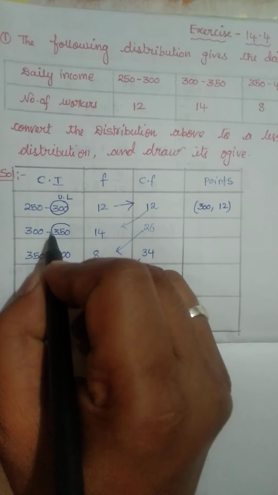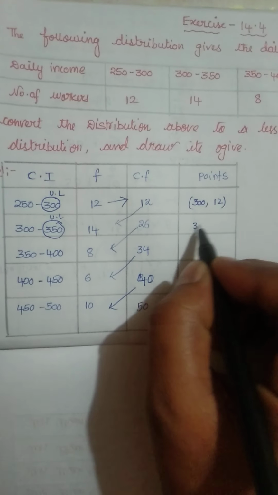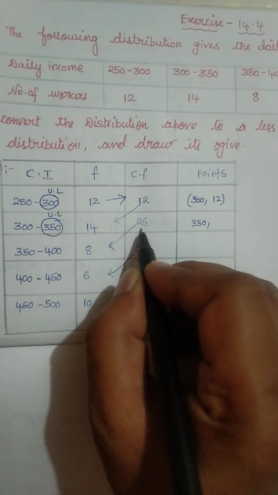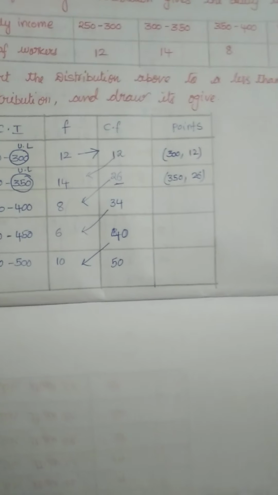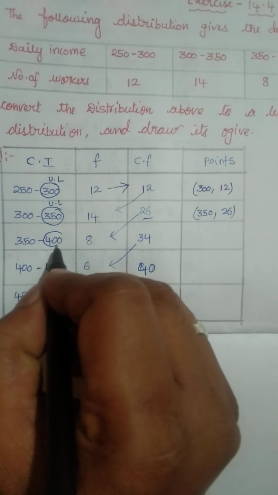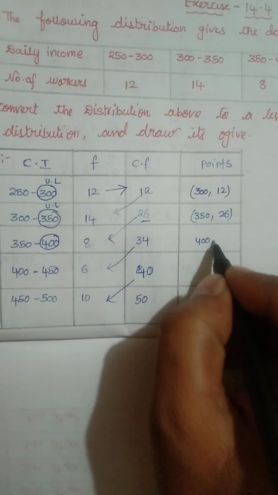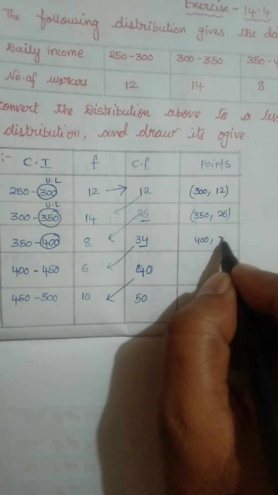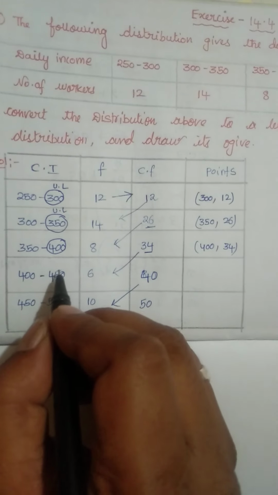In class interval 300 to 350, 350 is our upper limit. So 350 comma cumulative frequency is 26. Now the next point is in class interval 350 to 400, 400 is our upper limit and whose cumulative frequency is 34. So 400 comma 34.